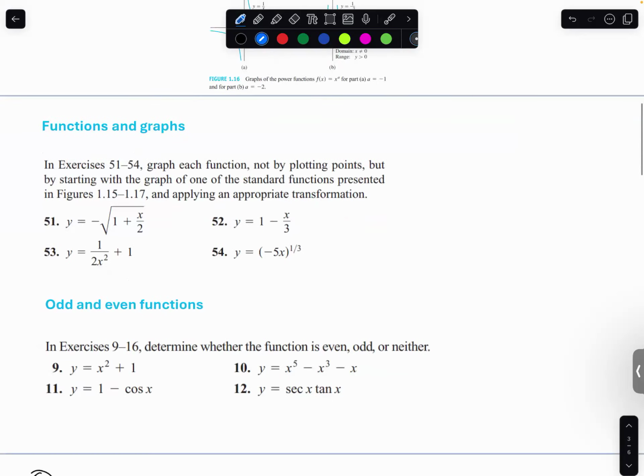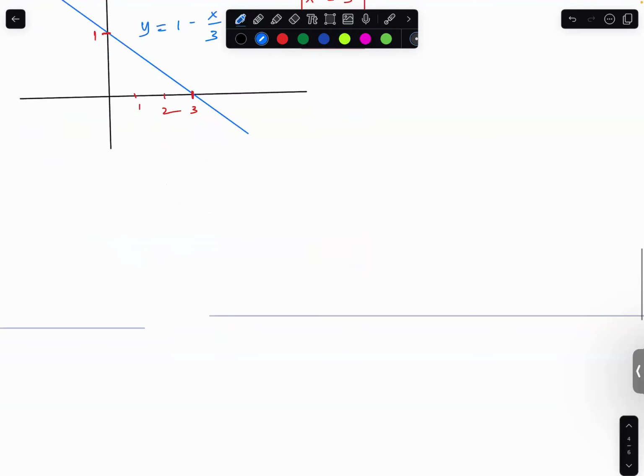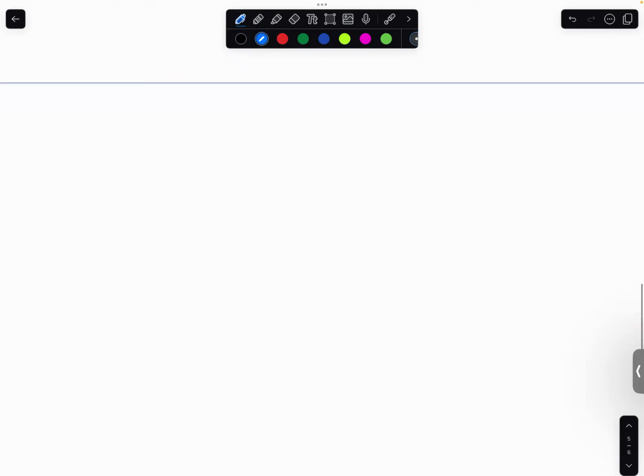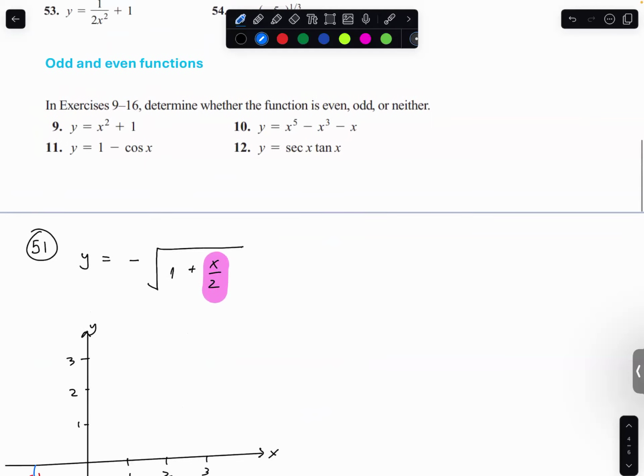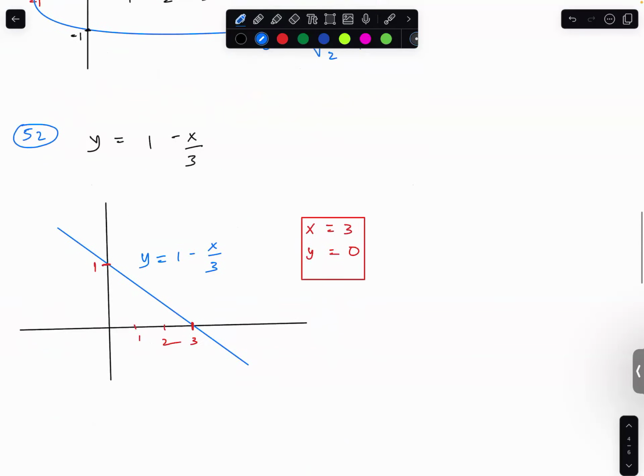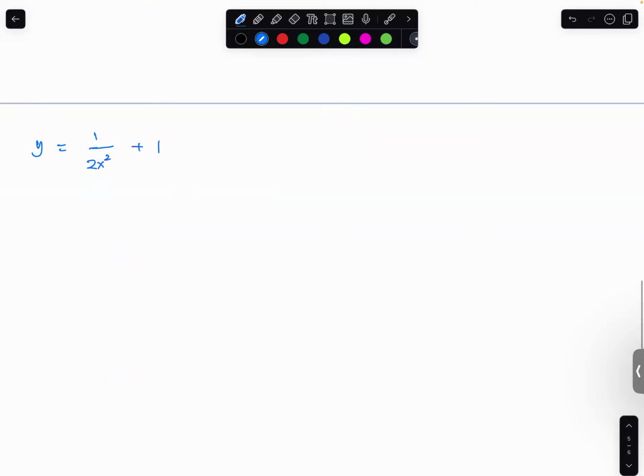Okay, the next graph is the graph of y equals 1 over 2x squared plus 1. So we can draw this graph by taking the basic graph of y equals x squared.